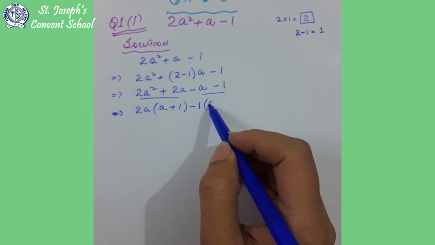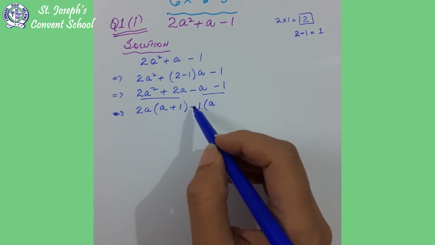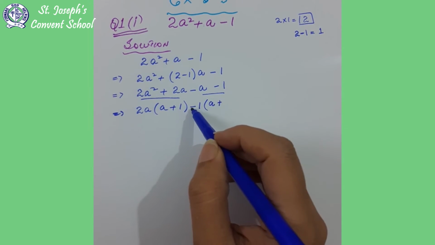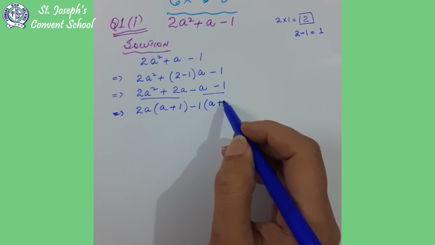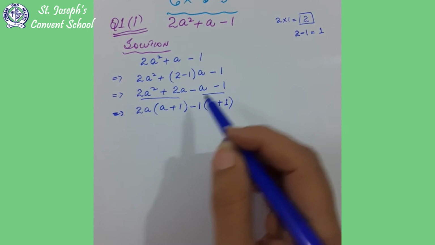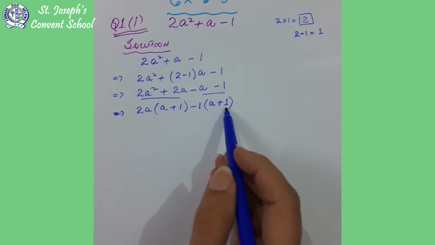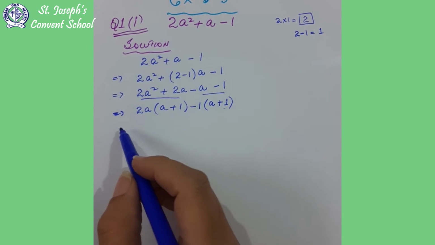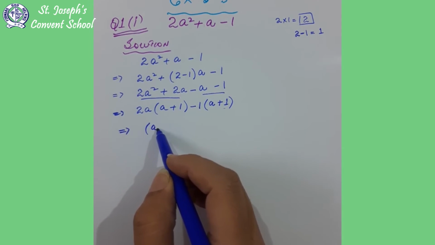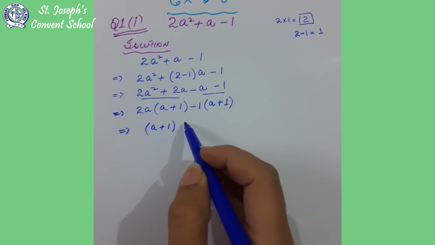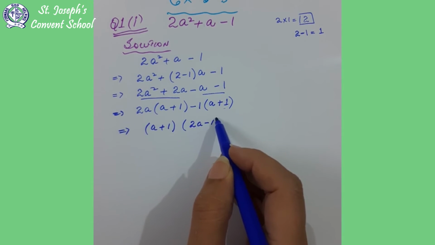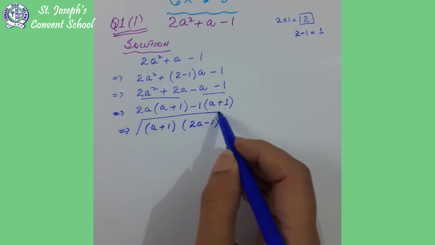So 1 and remaining terms are a minus, and this will change into plus. Okay, outside is minus, inside will change into plus. Opposite of this, a plus 1. Now you can see this bracket and this both are same. If brackets are same, it means factors are correct. So common bracket first, a plus 1, and remaining in the second bracket 2a minus 1. So this is the answer.